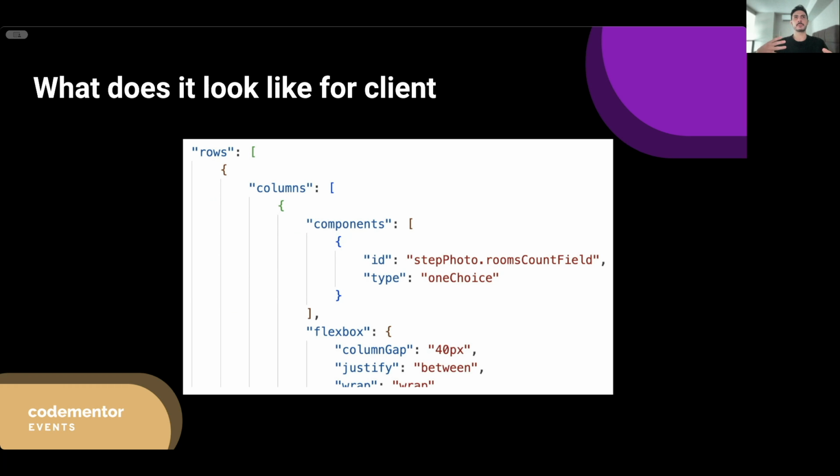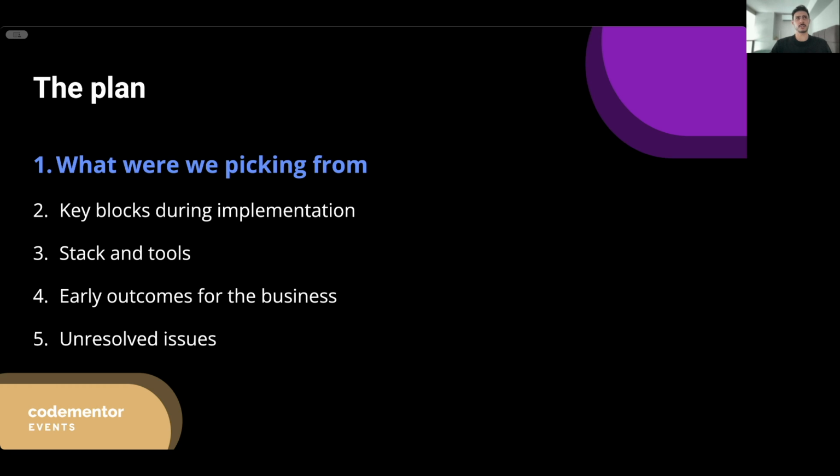Basically some declarative information of what should be on the screen. But currently we have only the vision that we need to rebuild the form. We don't have any idea of how exactly we'll implement it. And also the backend-driven UI approach is not the only one. We need to compare the alternatives. So our plan would be, first of all, to pick the approach.